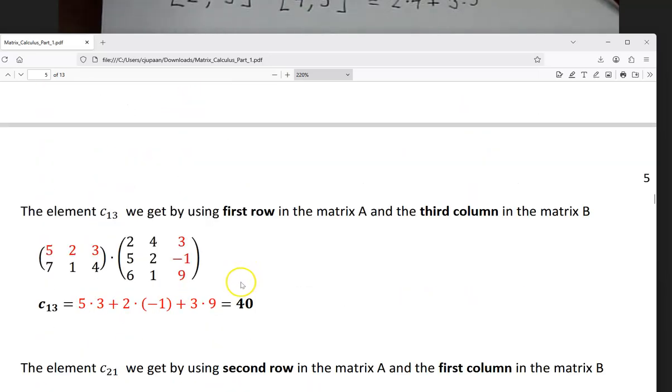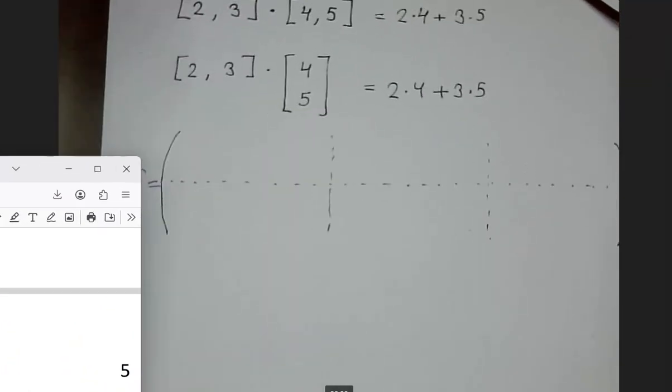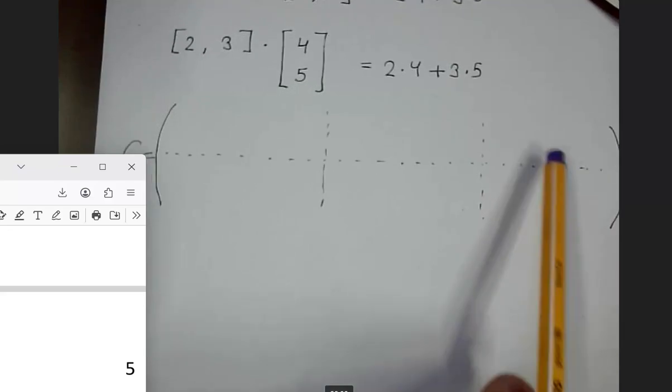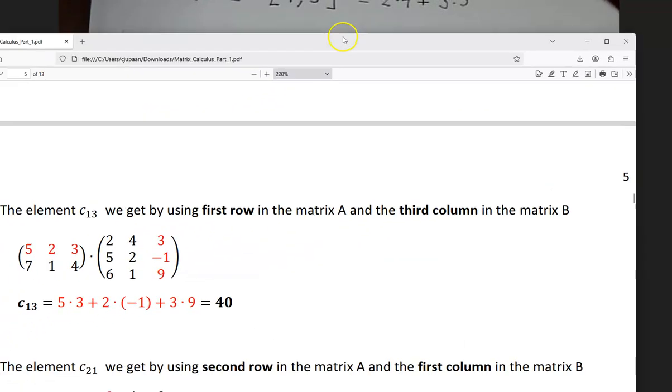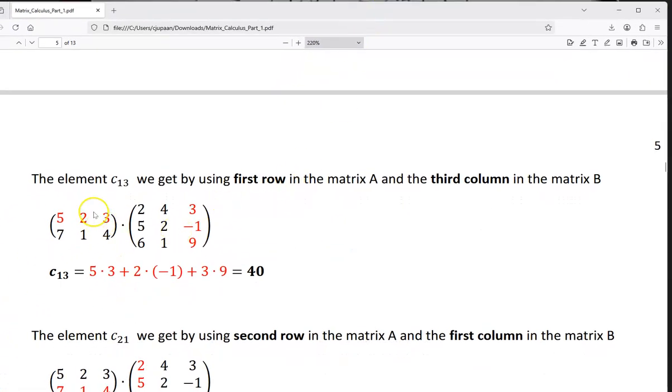And this continues. We get the third element in the first row, or this part here. It is the first row and third column, so we pick the first row in the first matrix and the third column from the second matrix.